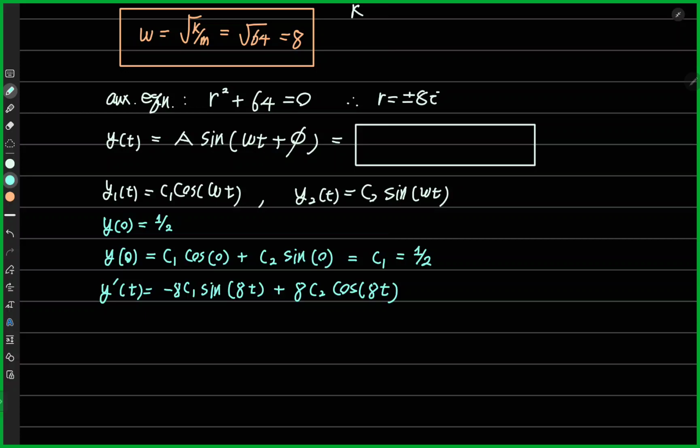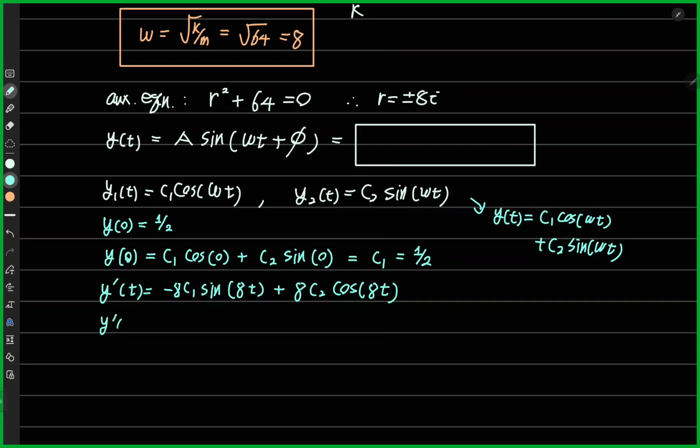From there, what's y? y of t is c1 cosine omega t plus c2 sine omega t. Remember that? And then we plug in 0.